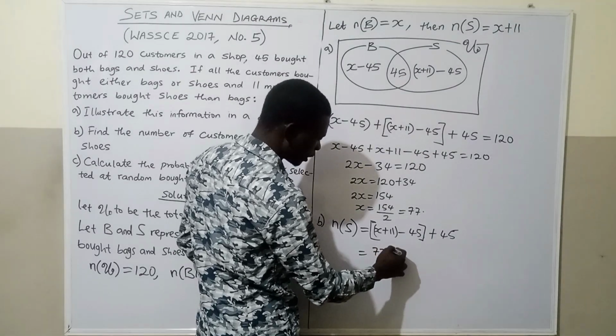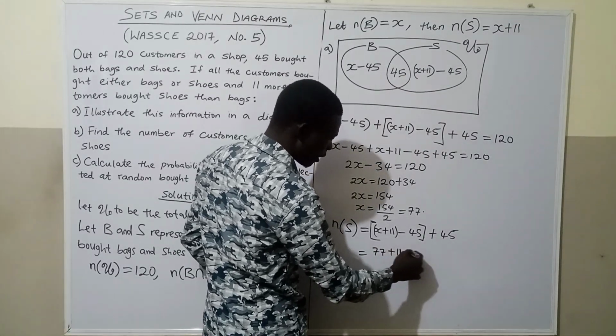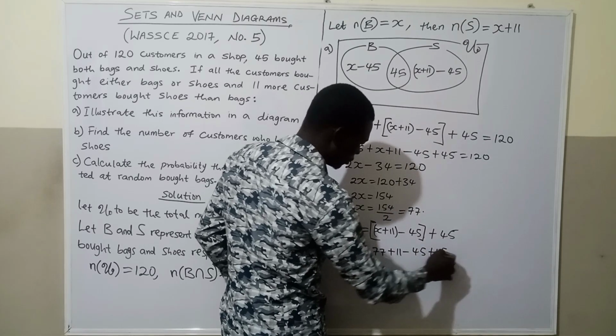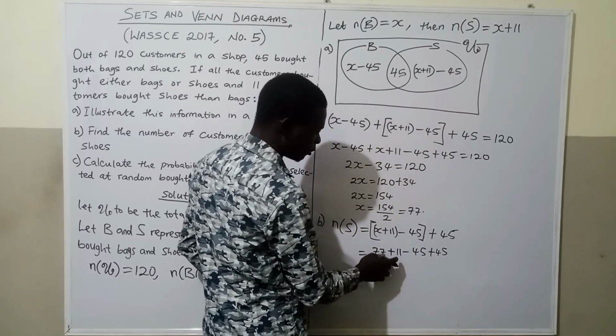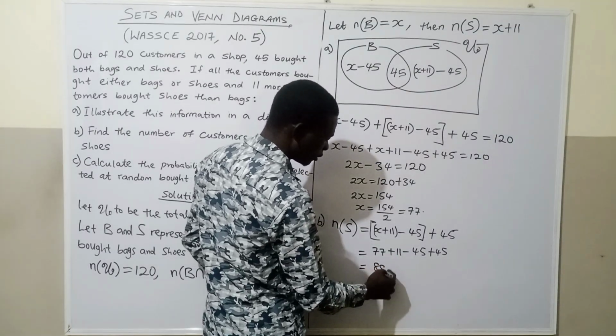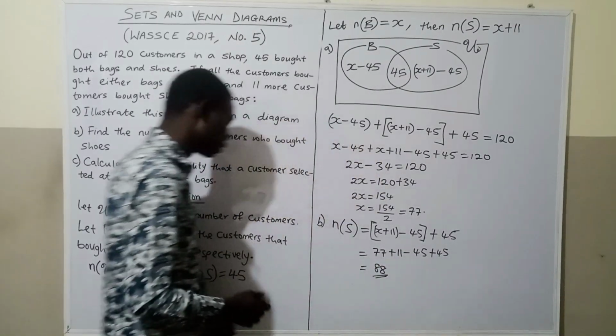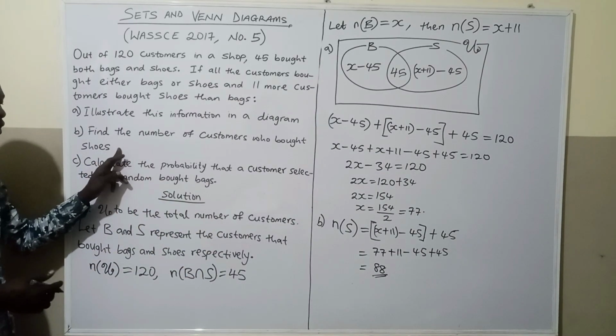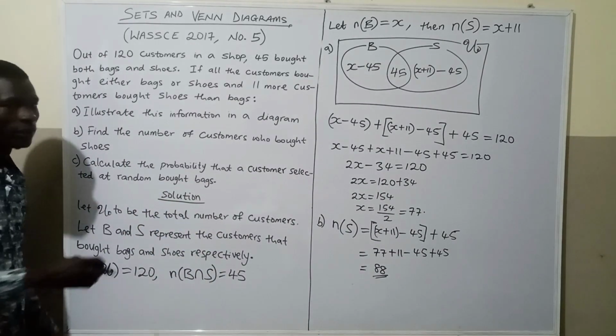That's 77 plus 11 minus 45 plus 45. 77 plus 11 is 88. 88 minus 45 plus 45 is still 88. So the number of customers that bought shoes generally, there are 88 of them.